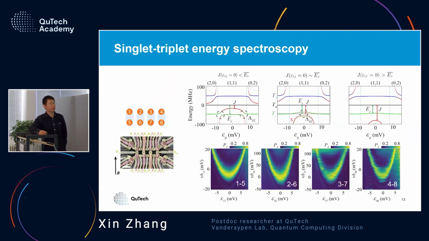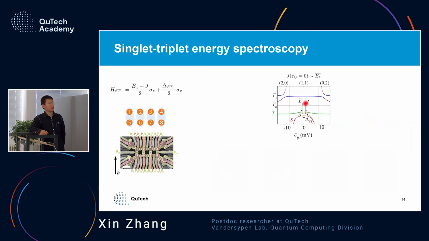We can perform the same experiment on the four double dot pairs and see the same physics. It means that the dot pairs are homogeneous and we can control them using the same physical mechanisms. Now if you focus on the single spectrum like this, we on purpose tune the exchange coupling to be equal to the Z energy at the center of the detuning.